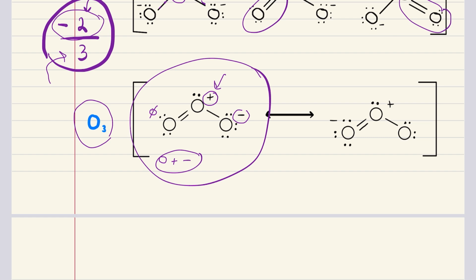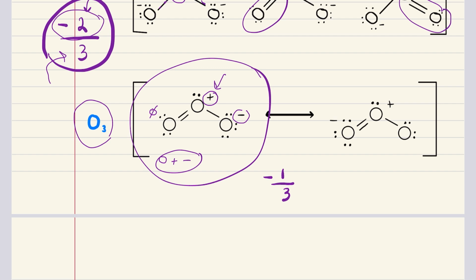That's important to account for because what we have here is a +1 charge at one oxygen atom, a 0 charge at another oxygen atom, and a -1 charge on the third oxygen atom. And so the average formal charge for the oxygen atoms in O3 is going to be -1 over 3, right?